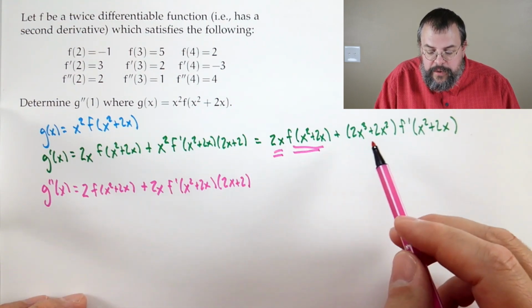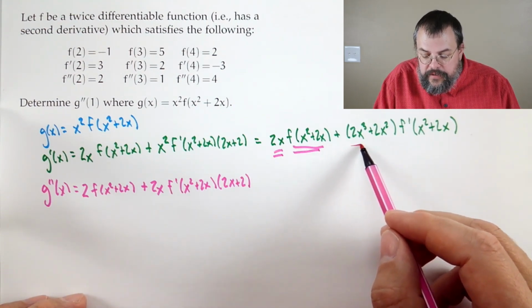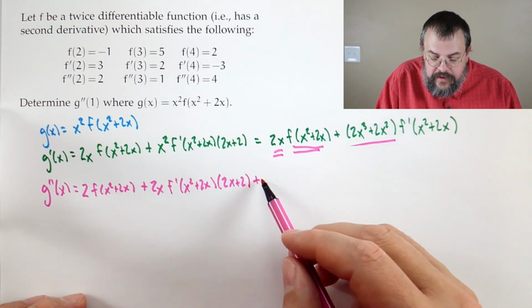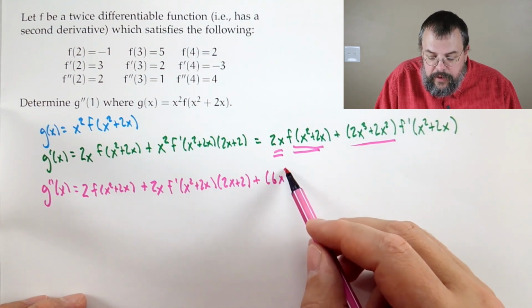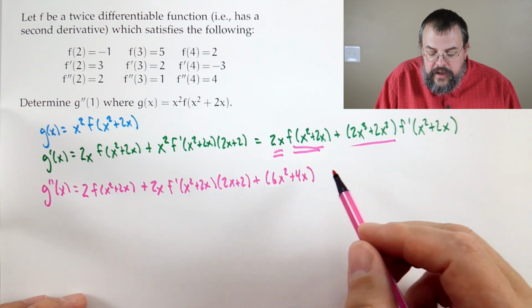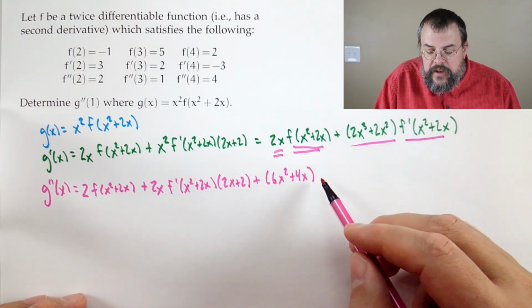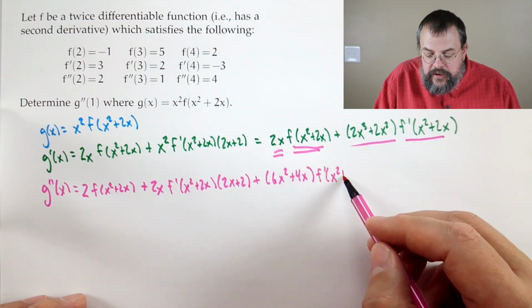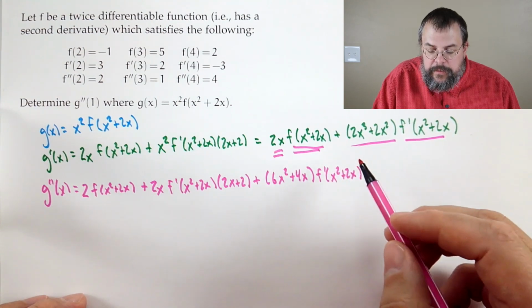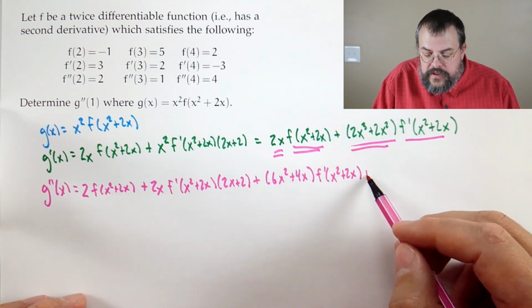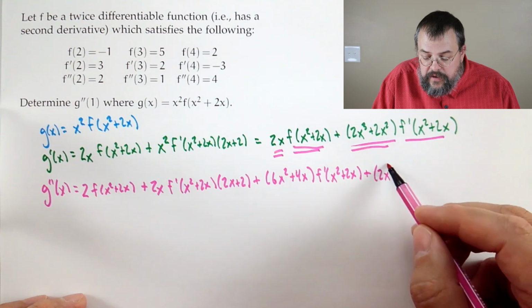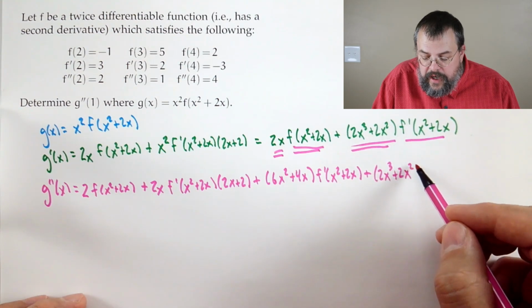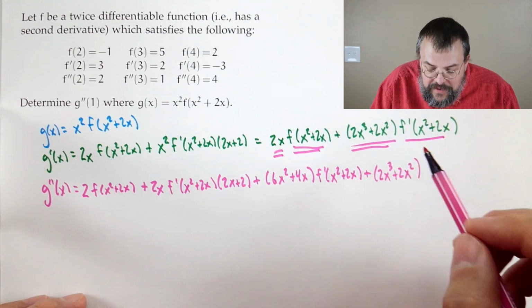Okay, now we come to the next term, plus, then we take the derivative of the first, so that's plus 6x squared plus 4x times the second, f prime of x squared plus 2x. Then we come back here and take the first, so plus 2x cubed plus 2x squared times the derivative of the second.